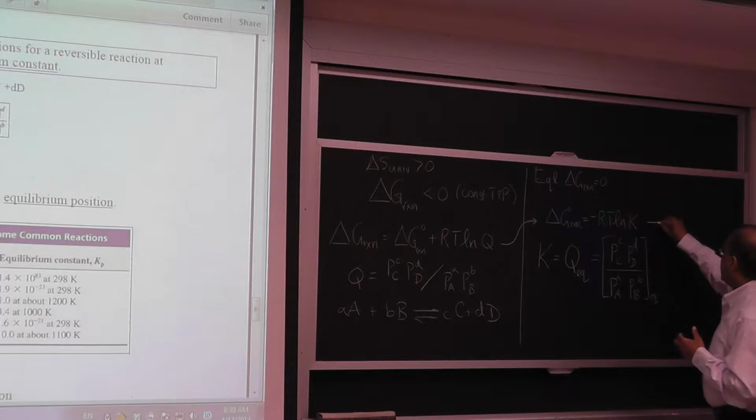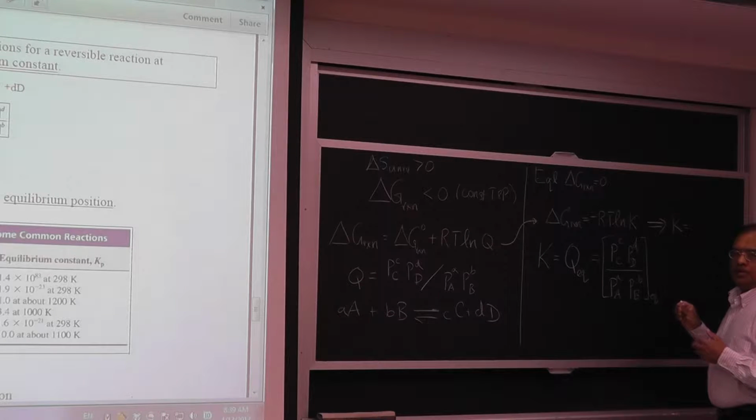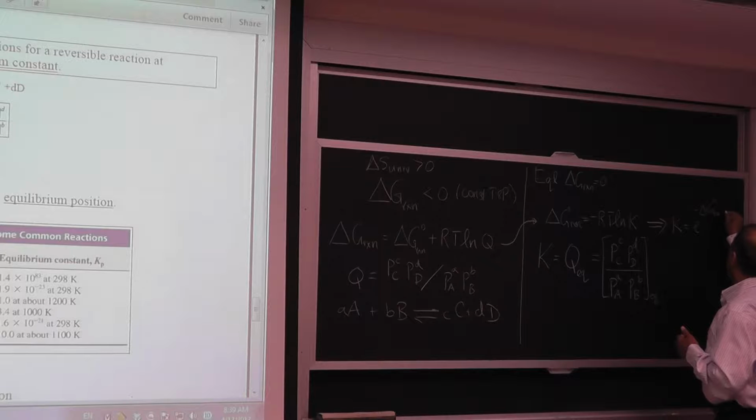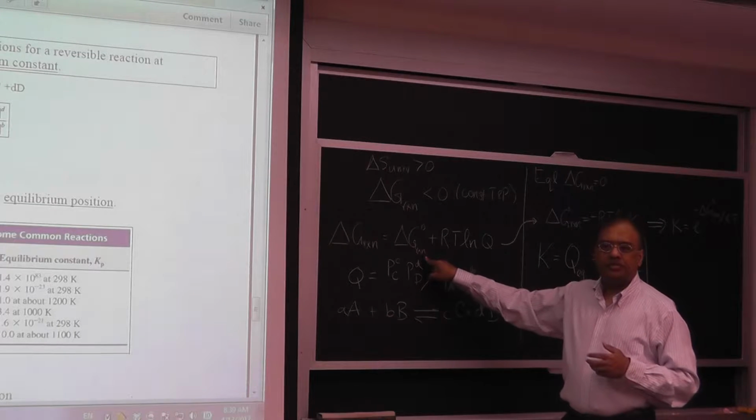We can also write this equation as K is equal to e to the power negative delta G naught reaction over RT. So what is delta G naught reaction?